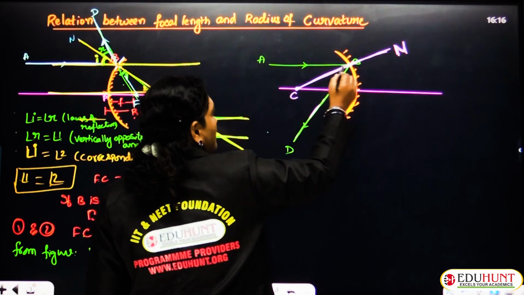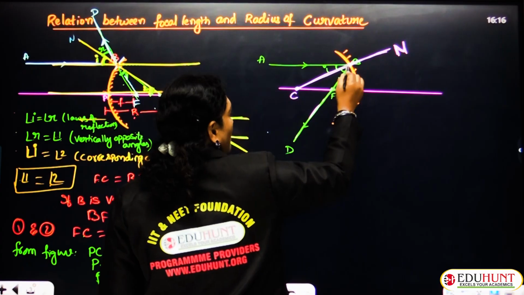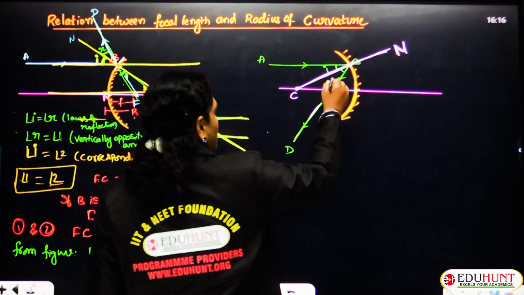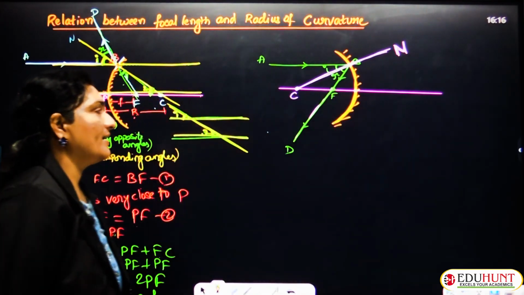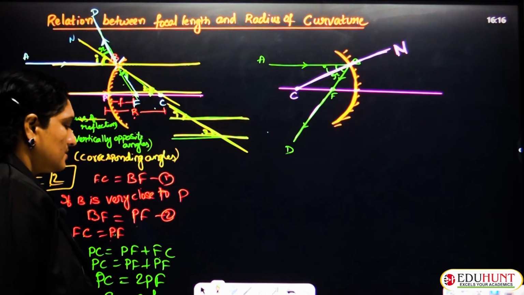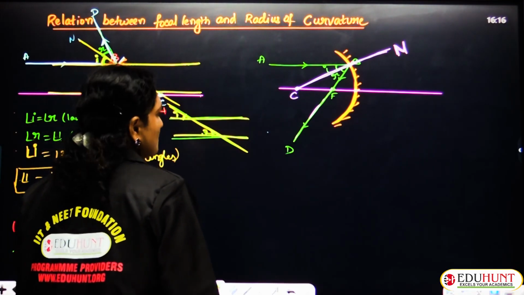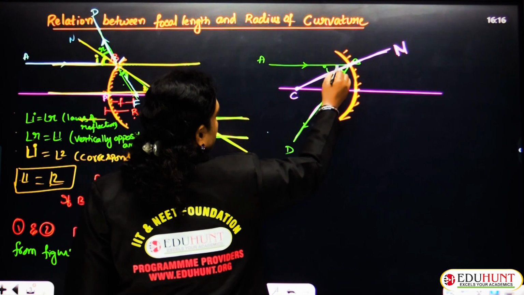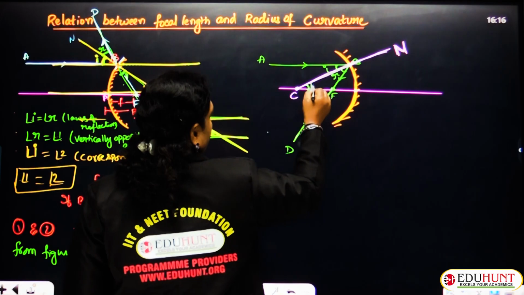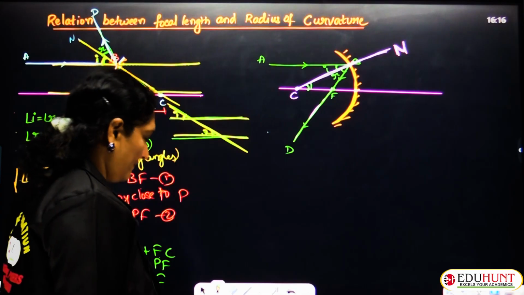The angle between the incident ray and the normal drawn to that surface is called the angle of incidence, whereas the angle between the reflected light ray and the normal is called the angle of reflection, indicated with the letter R. Now let us produce this line, and if this is I and this is R, let us name this angle as angle 1. Let us get some relation between angle 1 and angle R.